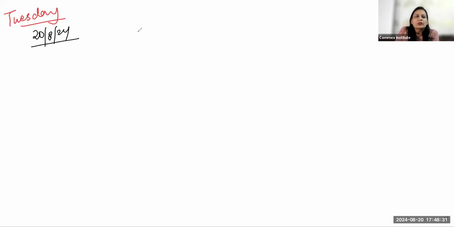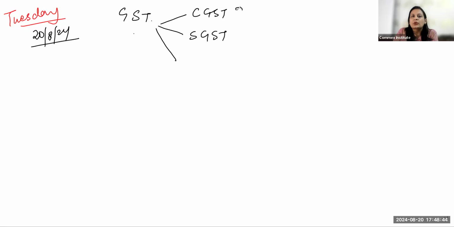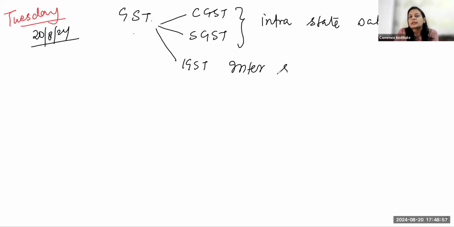So we're talking about the goods and services taxes. We know we have three types basically of GST. That is your CGST, Central GST, the State GST, which is chargeable on the intrastate sales, and then we have the IGST, which is charged in case of interstate sales, when two states are involved, interstate sales or purchases.